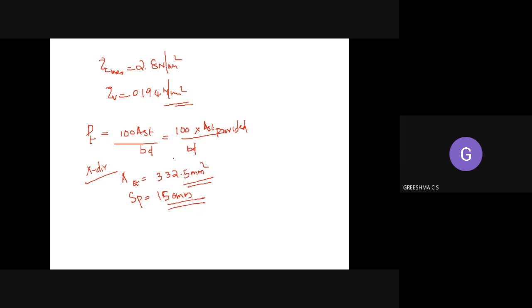As per the equation, we got different values. Ignoring those, the spacing we got from the equation is something like 151. But we are not providing 151; the spacing calculated from the equation is 151, but we rounded it and provided 150.